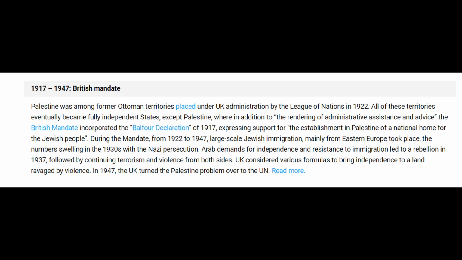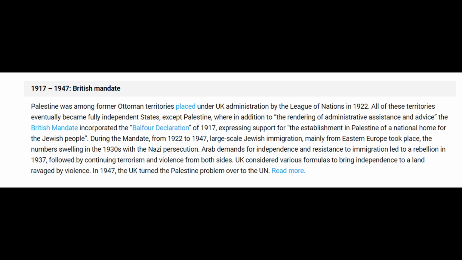Furthermore, all of these territories eventually became fully independent states, except Palestine, where in addition to the rendering of administrative assistance and advice, the British Mandate incorporated the Balfour Declaration of 1917, expressing support for the establishment in Palestine of a national home for the Jewish people.